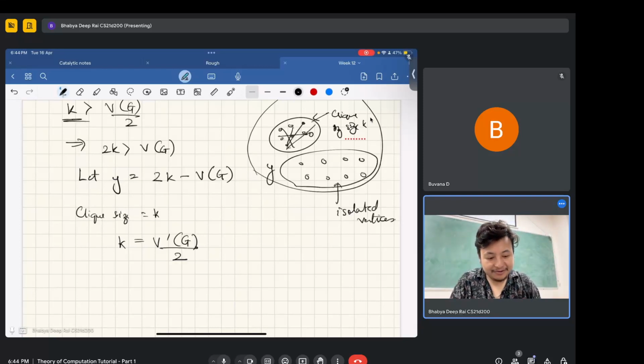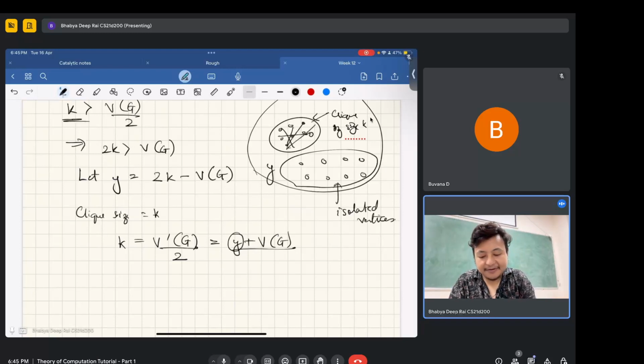Now what are we saying? We are including y many isolated vertices, so it equals y plus V of G, because we are adding these many isolated vertices, divided by 2.